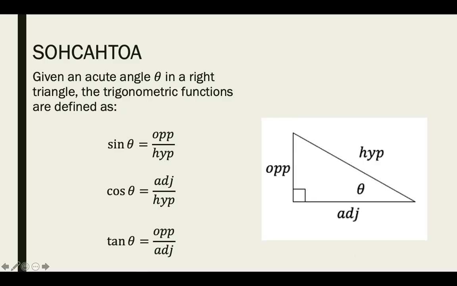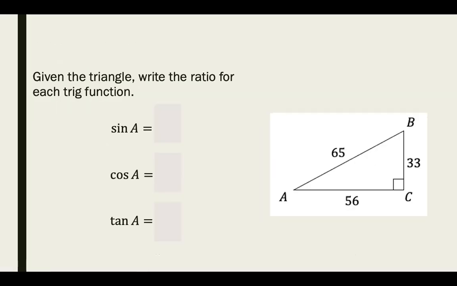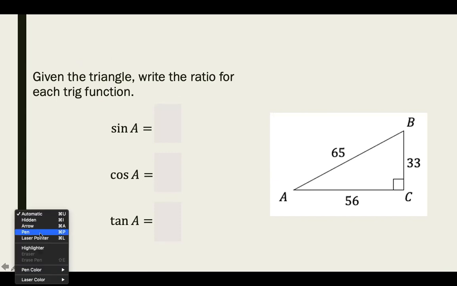All right, so first thing we're going to do is just look at how to write these ratios if we're given a triangle. So here we want to write down sine of A, cosine of A, and tangent of A. So first off, looking at this triangle, let's think about what our opposite, adjacent, and hypotenuse would be for this triangle.